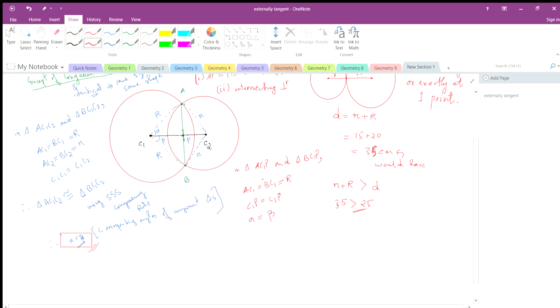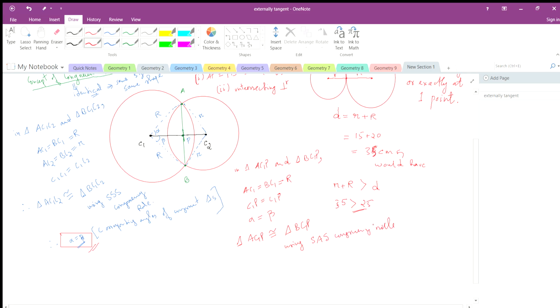That means what? Two sides and the included angle of one triangle are equal to the corresponding two sides and the included angle of another triangle. So I can say that triangle AC1P is congruent to triangle BC1P using the side angle side congruency rule.